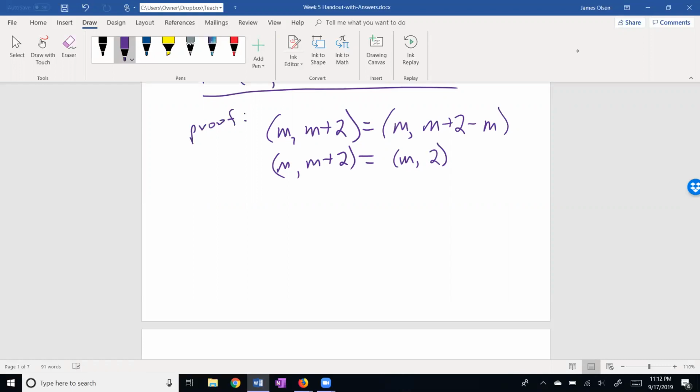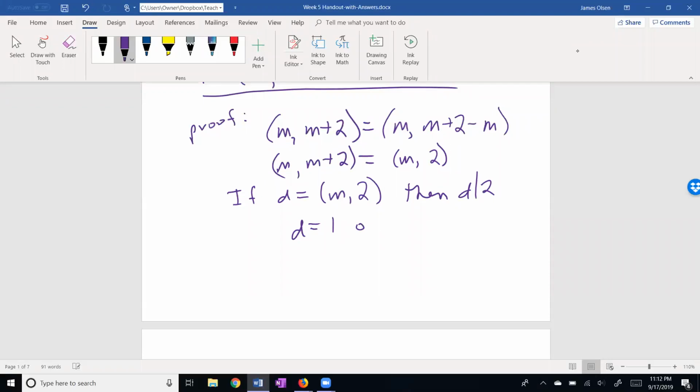Well, if D is equal to the greatest common divisor of m and 2, then D divides 2. It also divides m. So we are going to proceed as we did before.